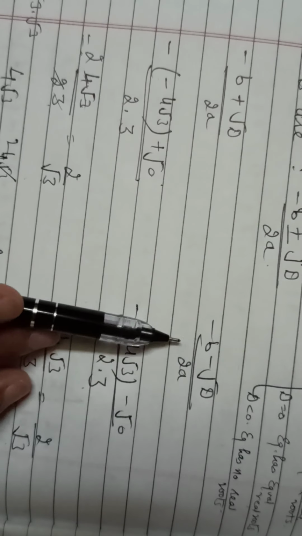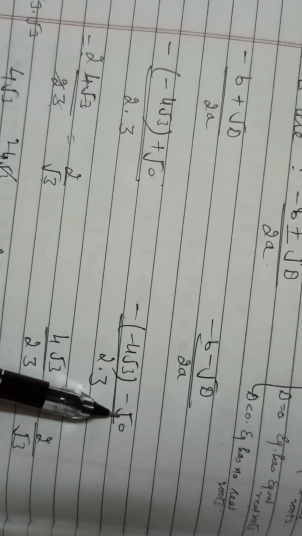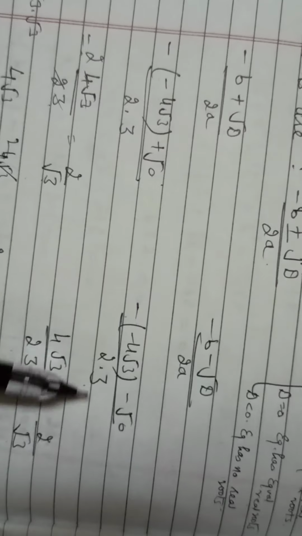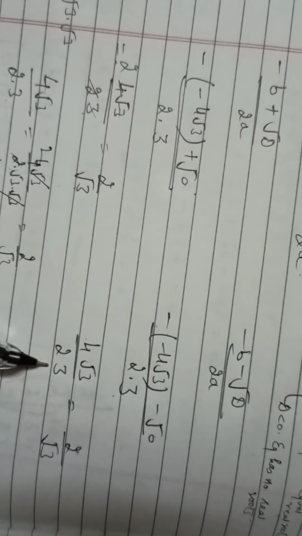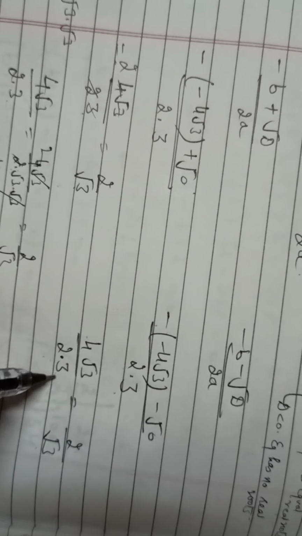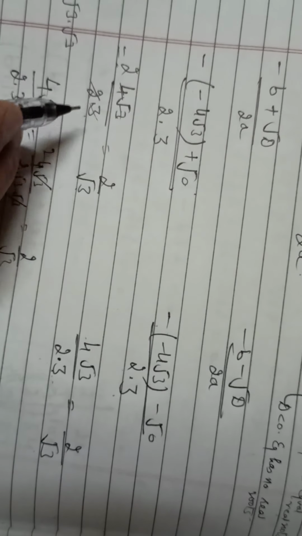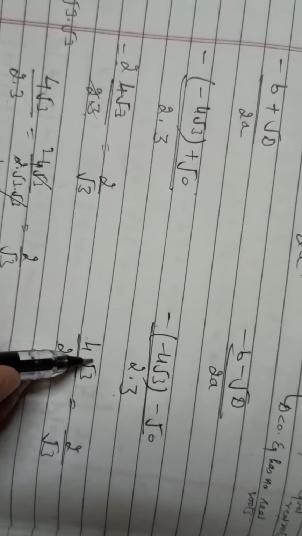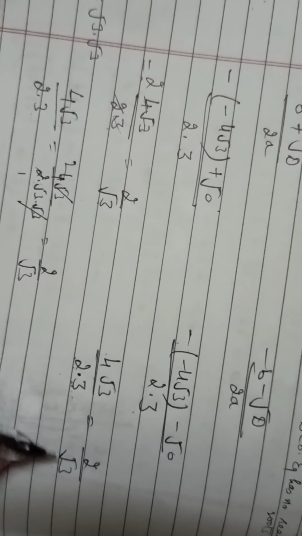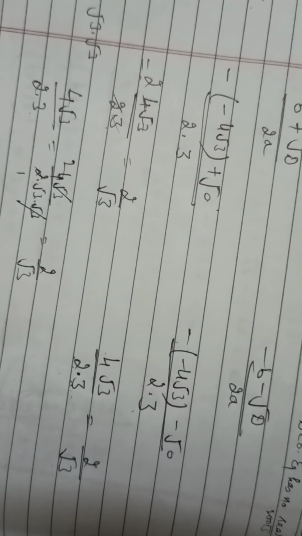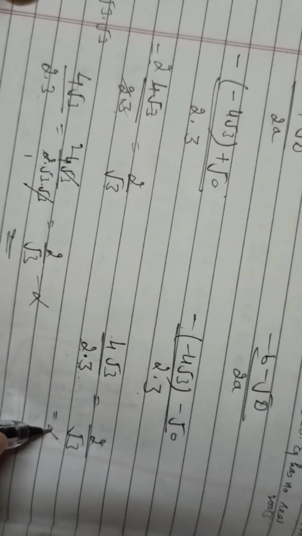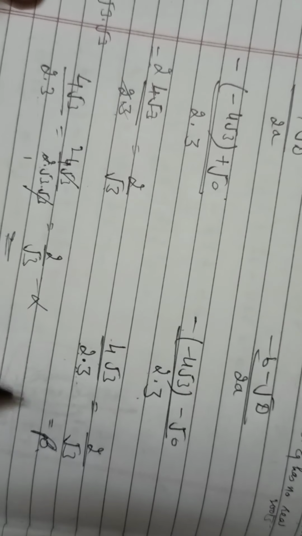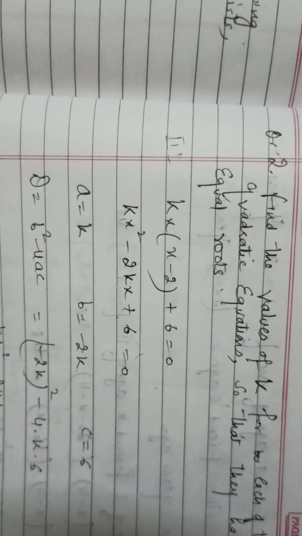Similarly here, minus b minus root 0 upon 2 into 3, minus minus again plus 4 root 3 upon 2 into 3. Again the same cutting, you will be getting 2 root 3. One root is this and this is your second root. Clear?